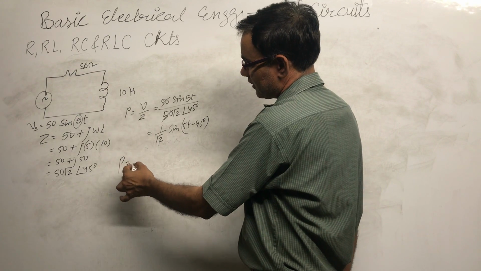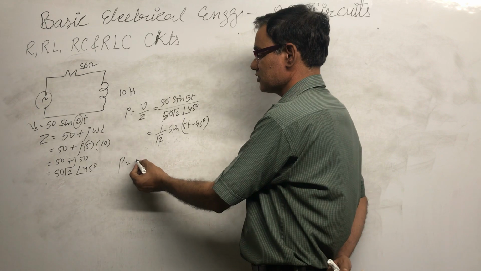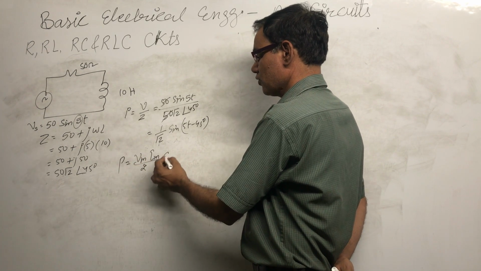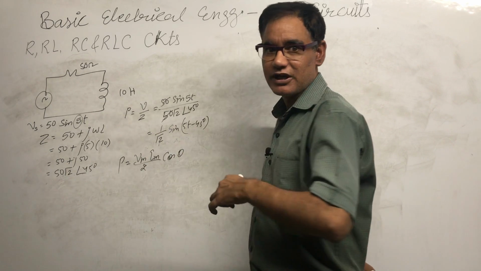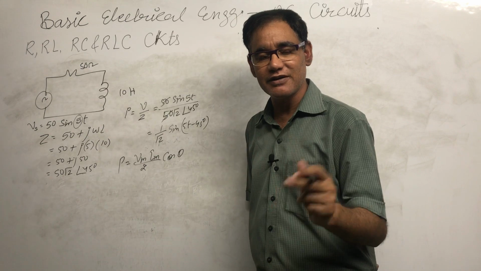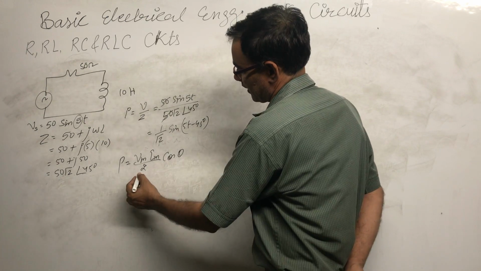Then what is the real power? Real power is Vm Im upon 2 cos theta. Otherwise, Vrms Irms cos theta.